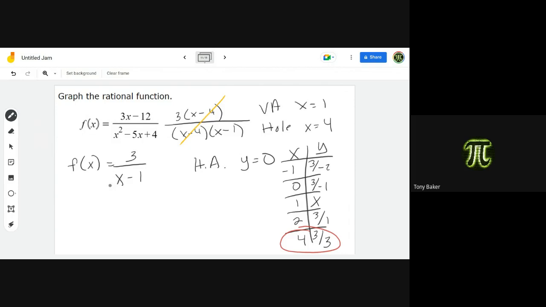So why does the hole work? Because it's not part of that problem that you did. Right, I simplified the problem down. So the hole will work in this one. But it's a hole because it didn't work in the original problem. So we've simplified our problem down, but the original domain restrictions still hold true.